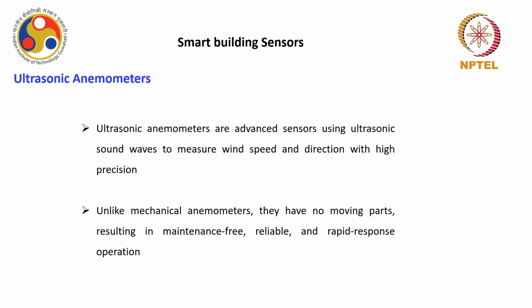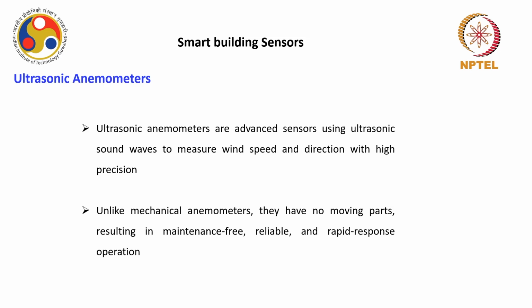Then you have other kinds of anemometers, like the ultrasonic anemometer. Ultrasonic anemometers are advanced sensors using ultrasonic sound waves to measure wind speed and direction with very high precision. Unlike mechanical anemometers like the vane anemometer, they have no moving part at all.